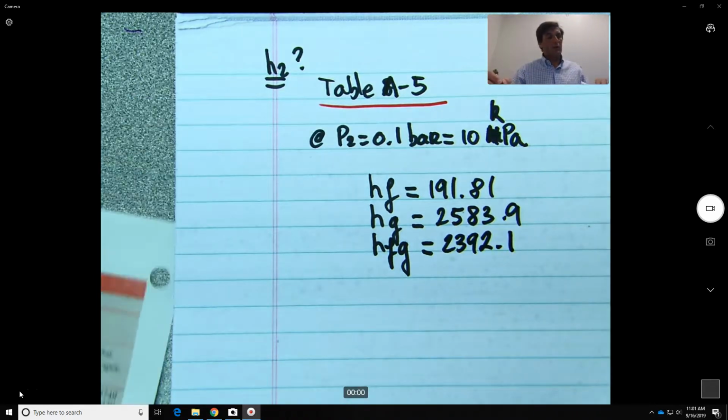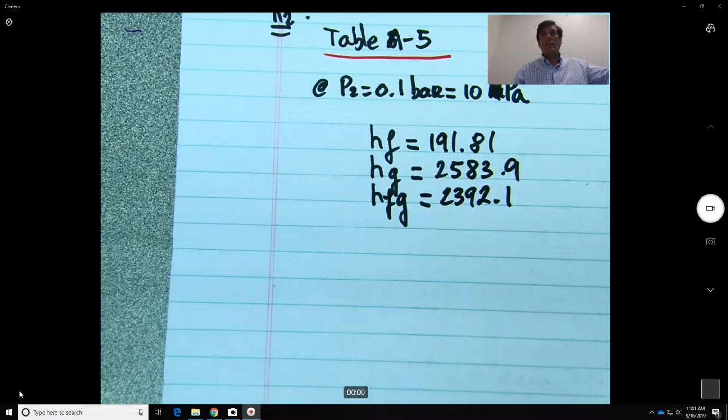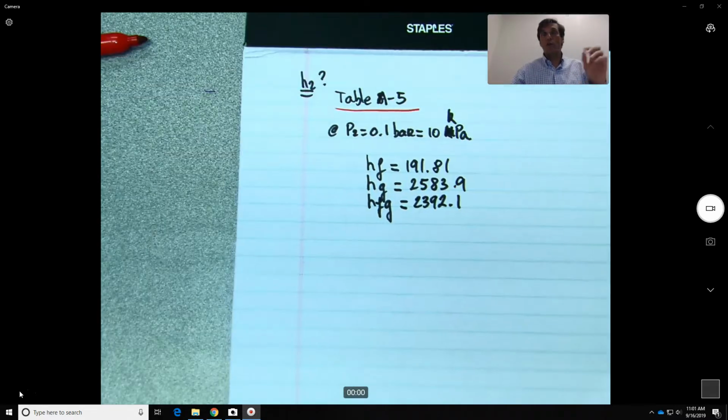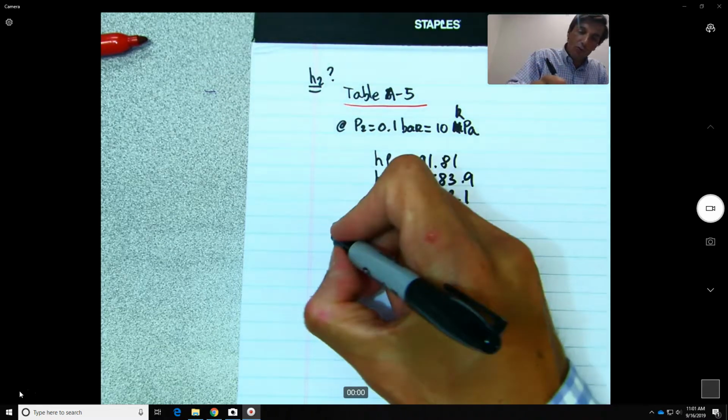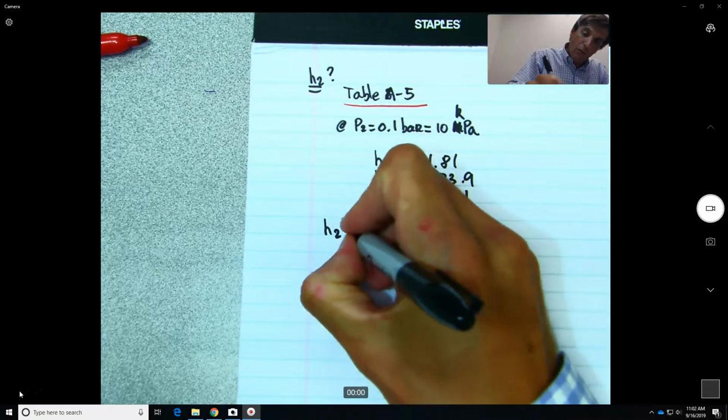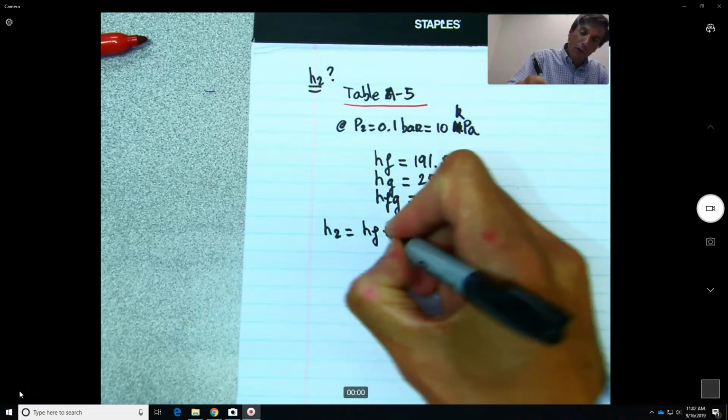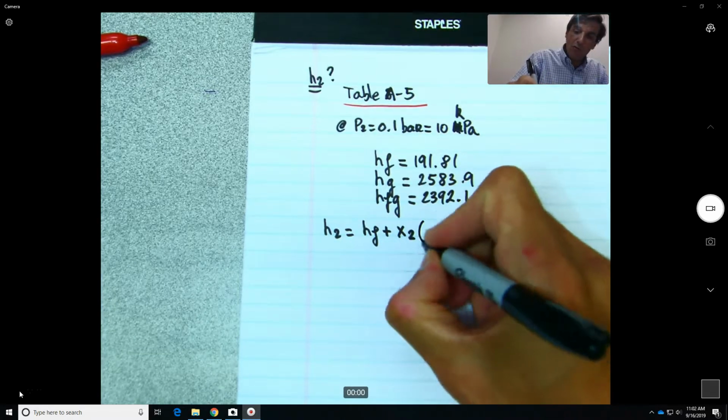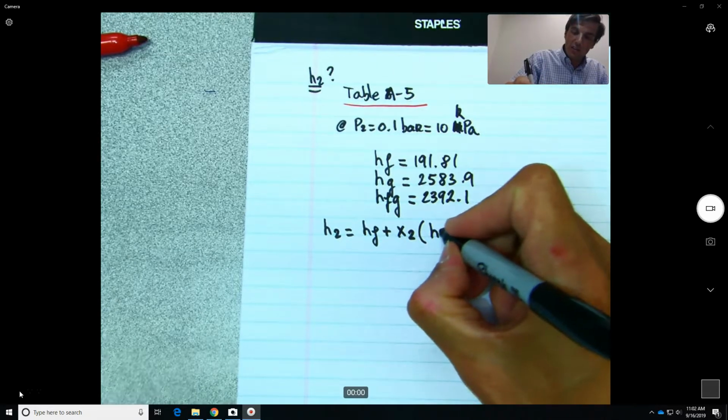Once we know that, we know from the equation for the mixtures that H2 will be equal to H fluid plus X2 HFG.